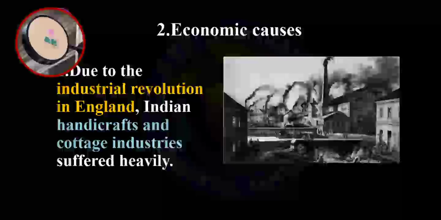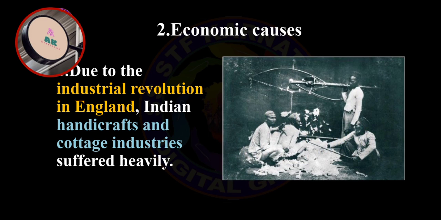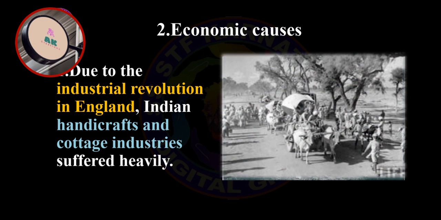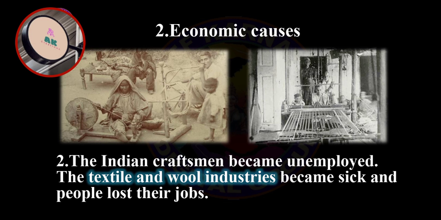The industrial revolution started, along with a high rate of taxation. You know about the zamindari, ryotwari and mahalwari systems. In these three types of land systems, they started a high rate of taxation, and they didn't get the huge money they wanted, and everyone suffered because of unemployment.